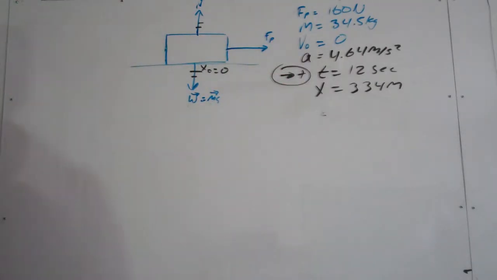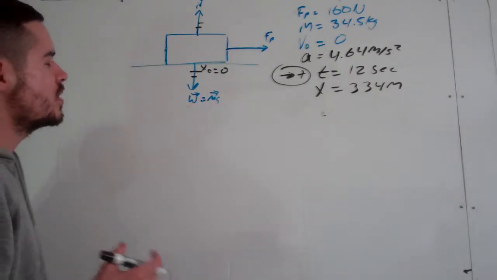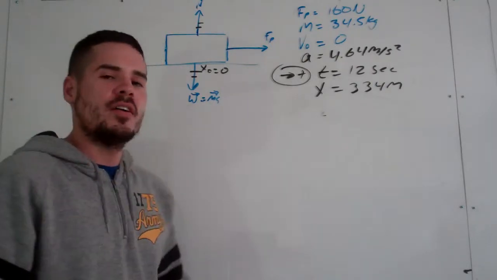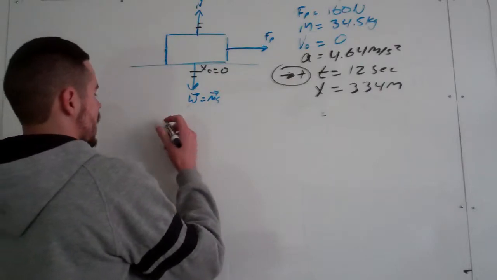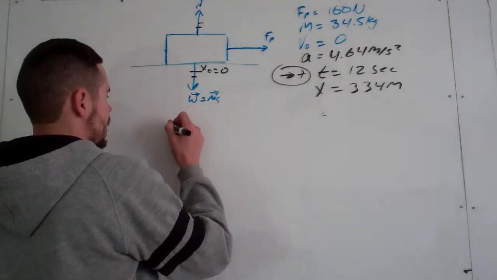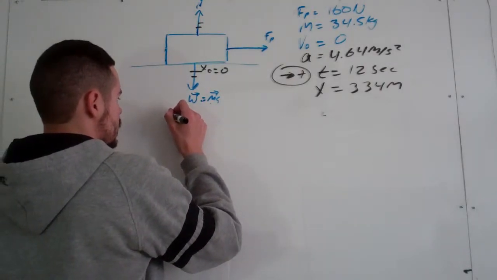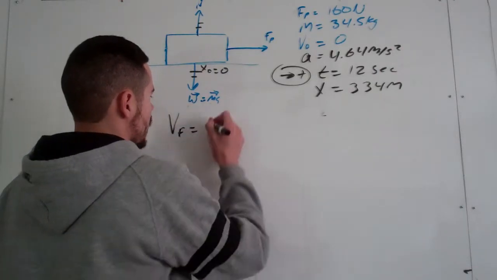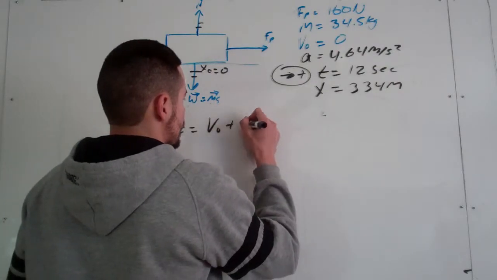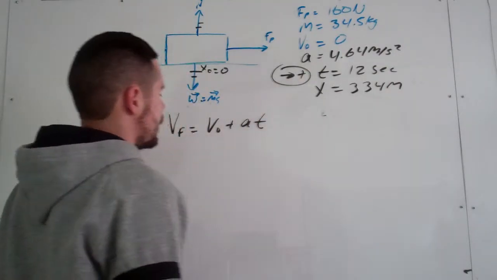So, what's the next question? It says, what is the speed at the end of 12 seconds? Well, I can go back to our kinematics, and I also have a kinematic equation that says the final velocity is equal to the initial velocity plus the acceleration times the time.